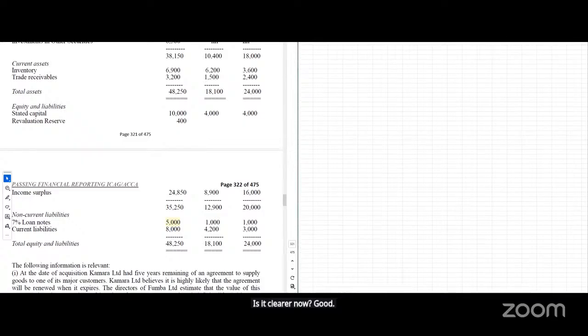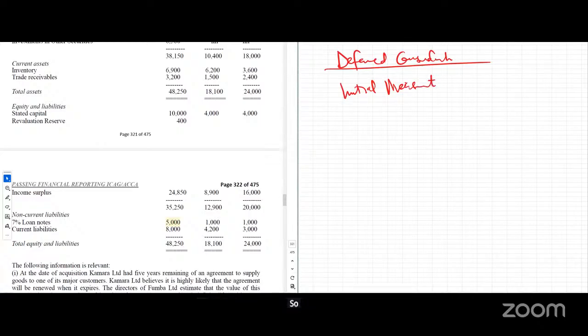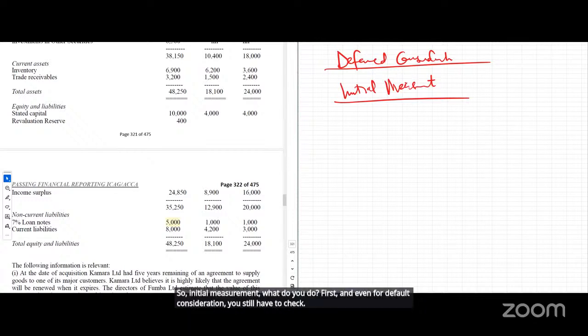So those who like double entry. Anytime there's deferred consideration, at initial measurement, or somebody says initial recognition, what do you do? Even for deferred consideration, you still have to check: one, is there a present obligation?